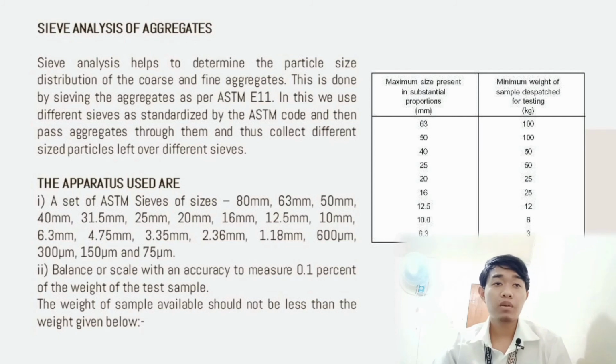Second, we need a balance or scale with an accuracy to measure 0.1% of the weight of the test sample. And the weight of the sample available should not be less than the weight given below.